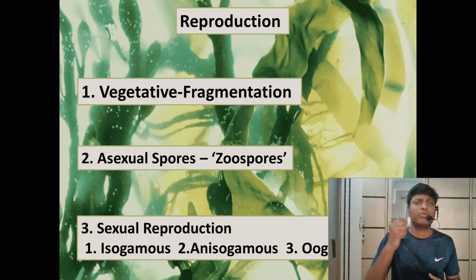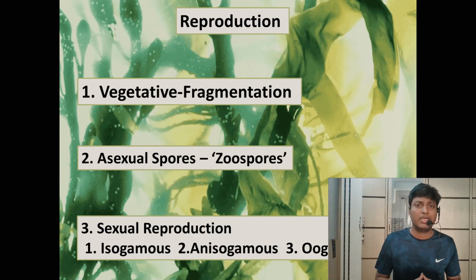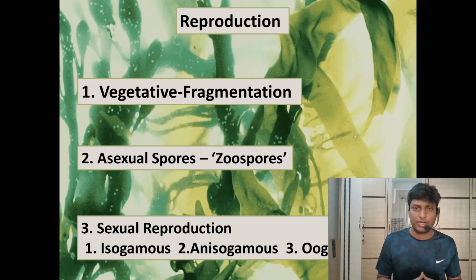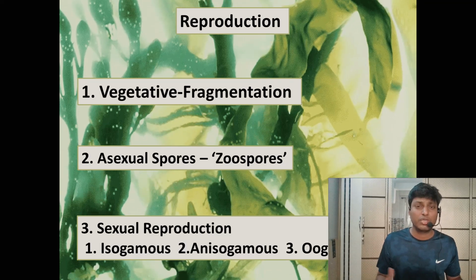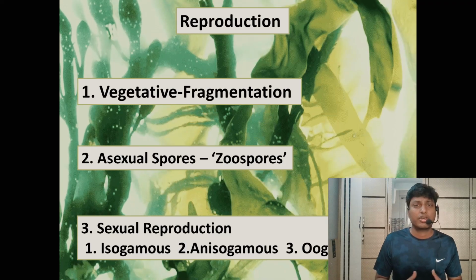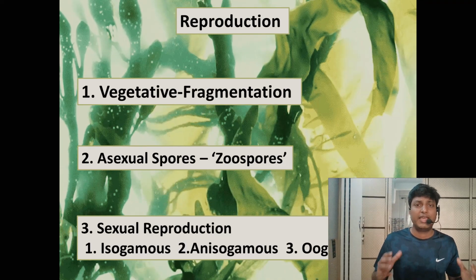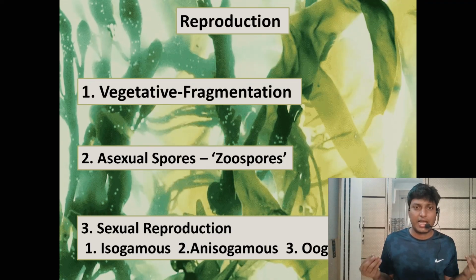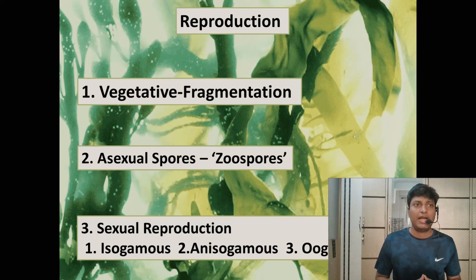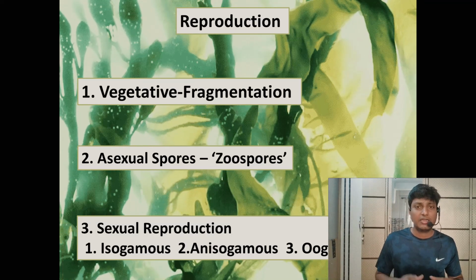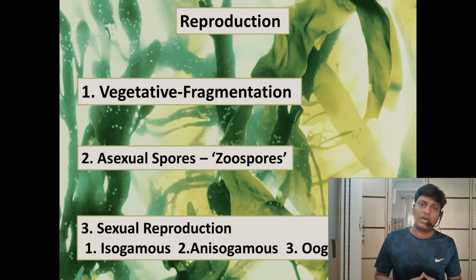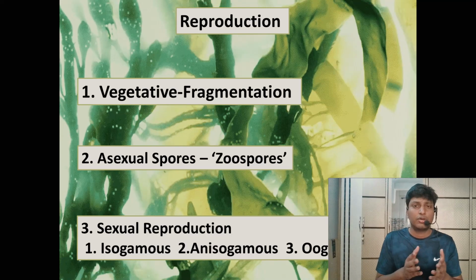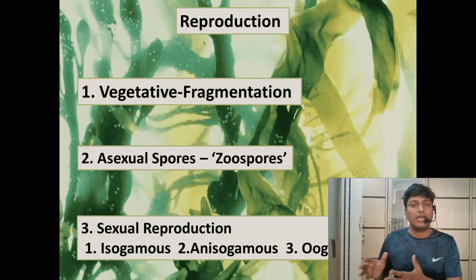Now, one more type of reproduction which can occur in algae is sexual reproduction. How do the algae perform sexual reproduction? It is performed with the help of gametes. We all know that whenever we talk about sexual reproduction, there has to be the formation of gametes, and based on the gametes there are three basic types of sexual reproduction in algae, which are isogamy, oogamy, as well as anisogamy.